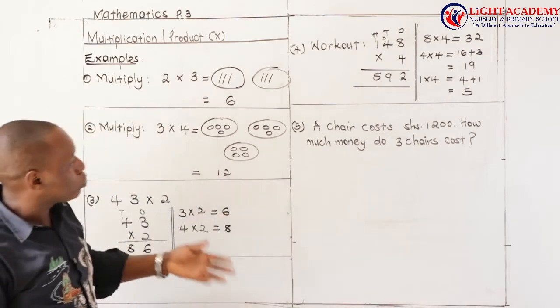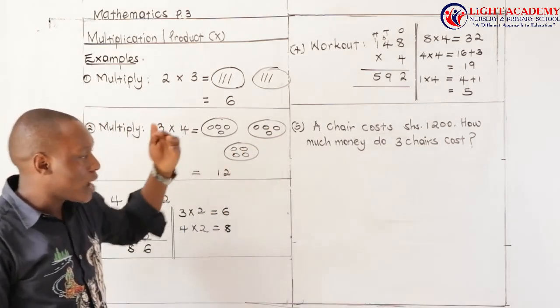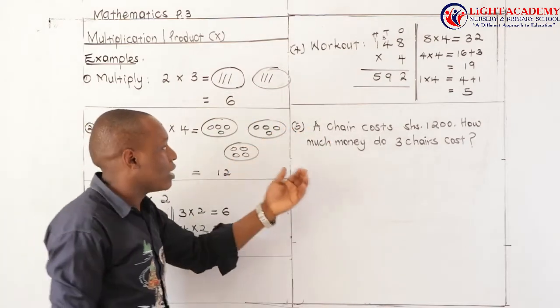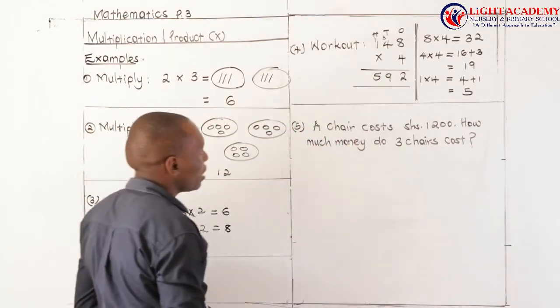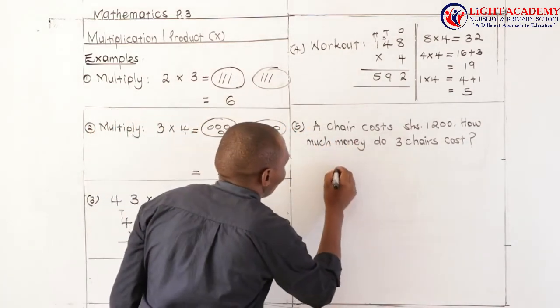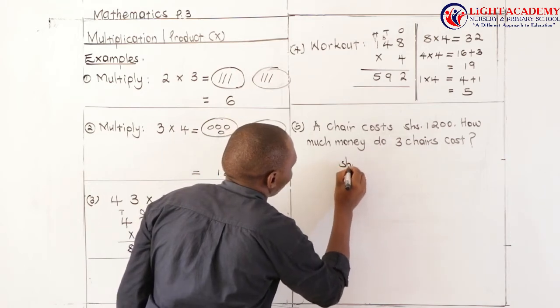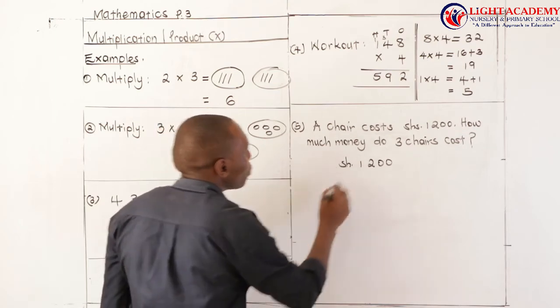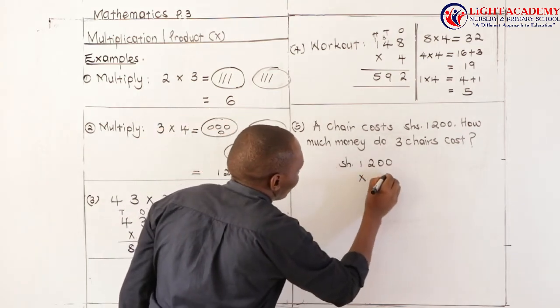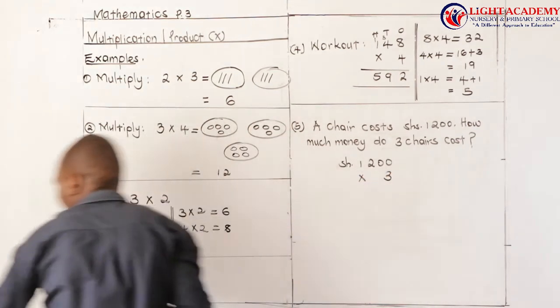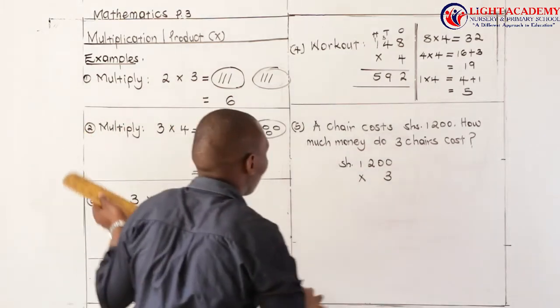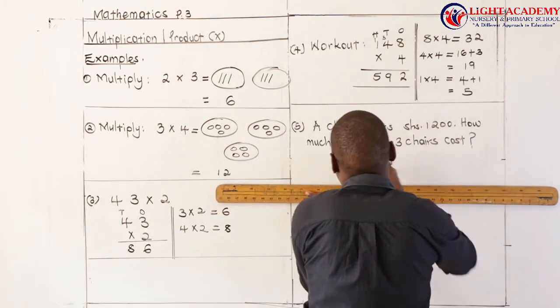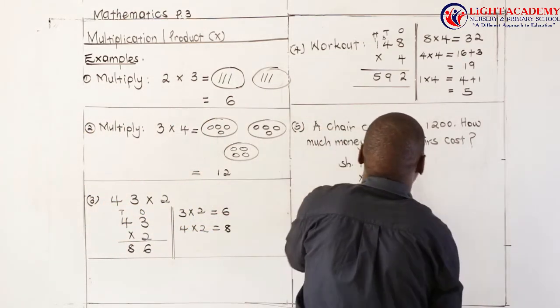Though in primary 2 you could as well answer it using addition, but to make it simpler here, you simply say the money for 1 chair, remember this is money, don't forget to put the units, okay? Multiplied by the number of chairs, which are 3, right? Then you come to this and you multiply this. Side work is very important.